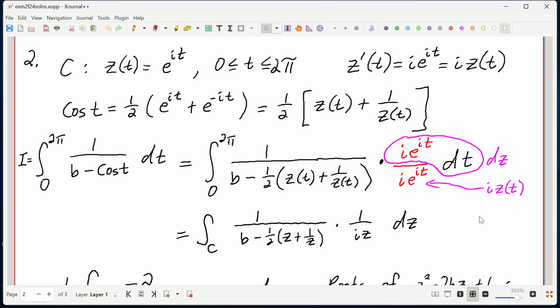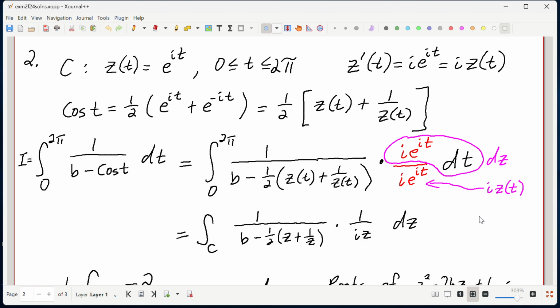The examples in class showed you could use complex analysis to do those by writing the cosine of t as e to the it plus e to the minus it, which is 1 over e to the it. If we parameterize the unit circle by z of t equals e to the it, cosine of t is a half of z of t plus 1 over z of t. And z prime of t is i e to the it, which luckily turns out to be i z of t.